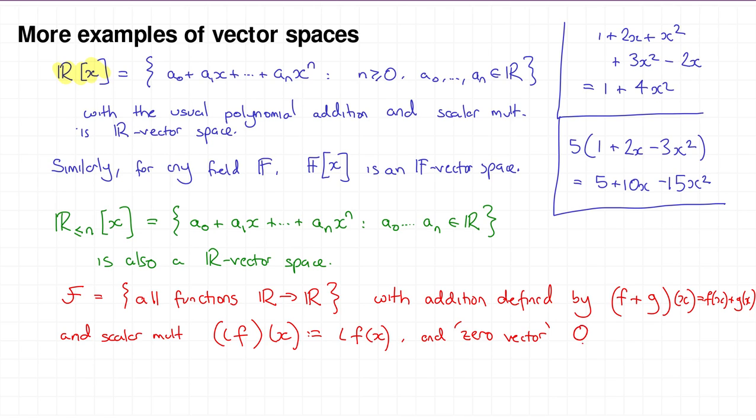So 0f is the function which, no matter what input you give it, always gives you the output 0. That is a real vector space. If you check every one of those 8 axioms which we wrote up on our second slide, those are all true for each of these examples on this slide. So they're all vector spaces.